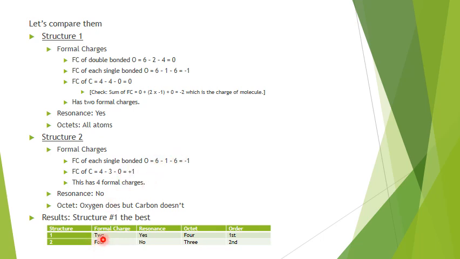That should be 3, not 4. It had no resonance structure. Only 2 of the atoms had octets. I don't know why I put 3 here. So this should be a 3 and a 2. And so for sure, the first structure, the resonance structure, is the way that carbonate is.